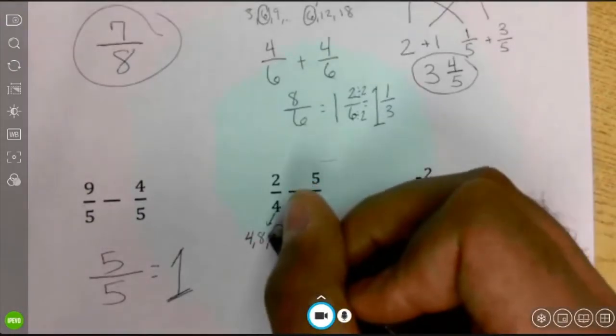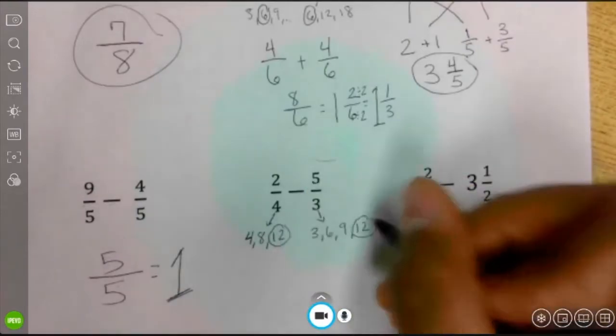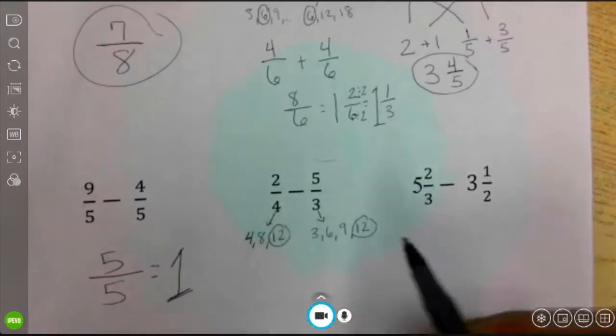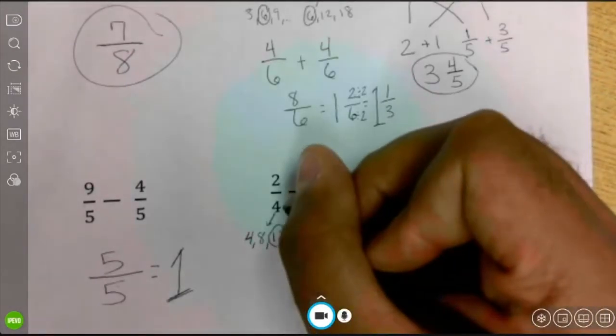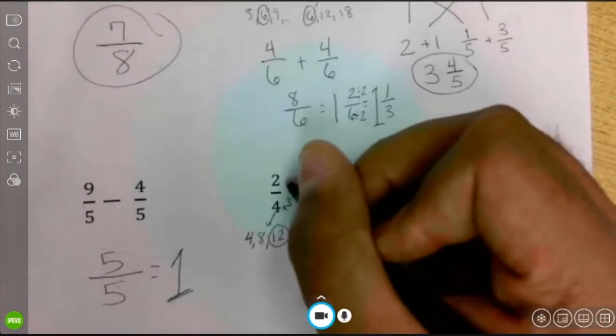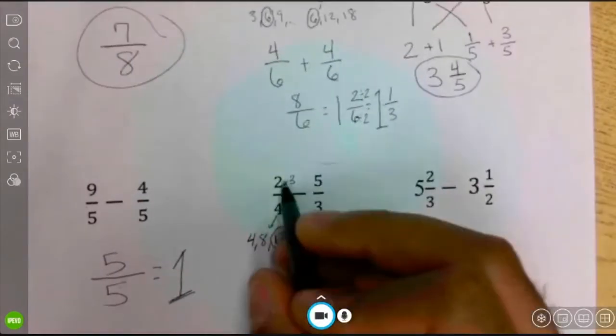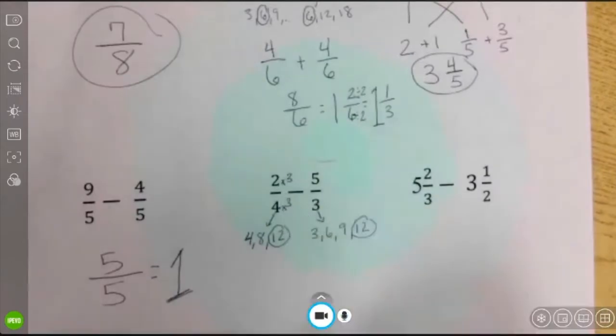So the least common multiple that they both have in common is 12. So for 4 to change to 12, we have to times 4 by 3. And we'll do the same thing with the 2. What you do to the bottom, you must do to the top.